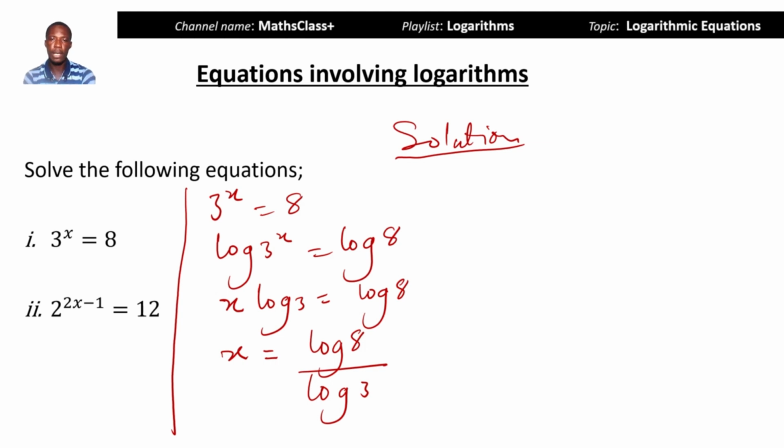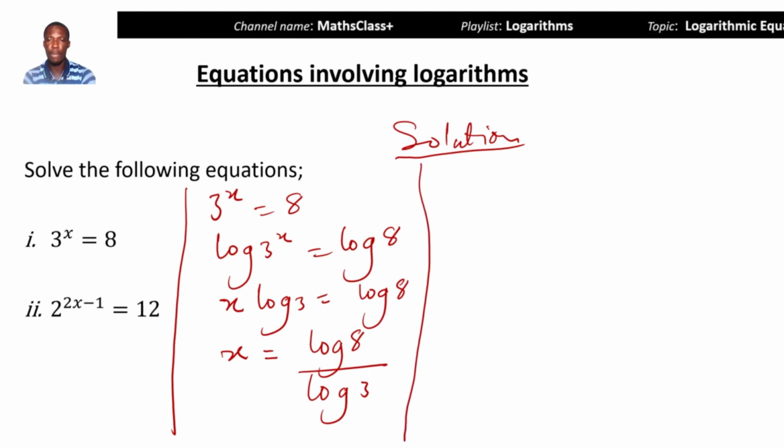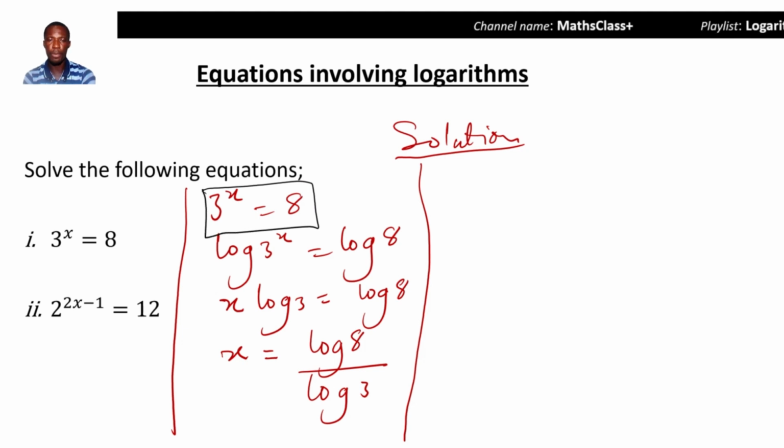And this same question can be approached by converting the original question into logarithm. So from indices, we are converting straight to logarithm, and that we have log of 8 to the base 3 is equal to x. So these two methods are the same, or they are very similar.